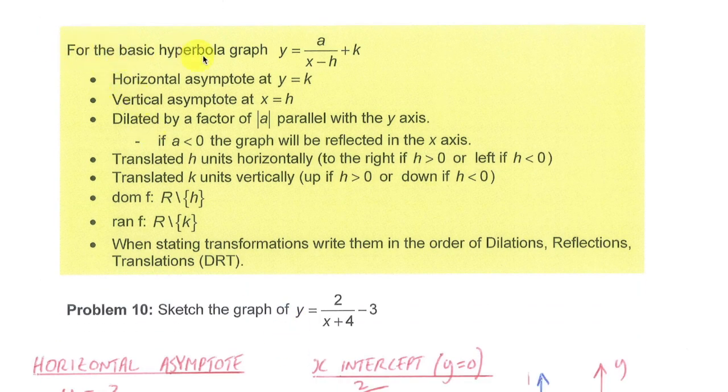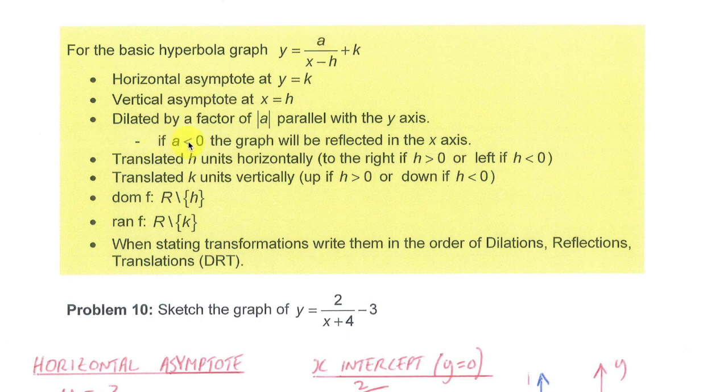So this is the basic hyperbola with some variations in it. A vertical translation of k, horizontal translation of h, and a dilation factor of a. The dilation factor is the size of this a. Let's go and take a look at the effect here.